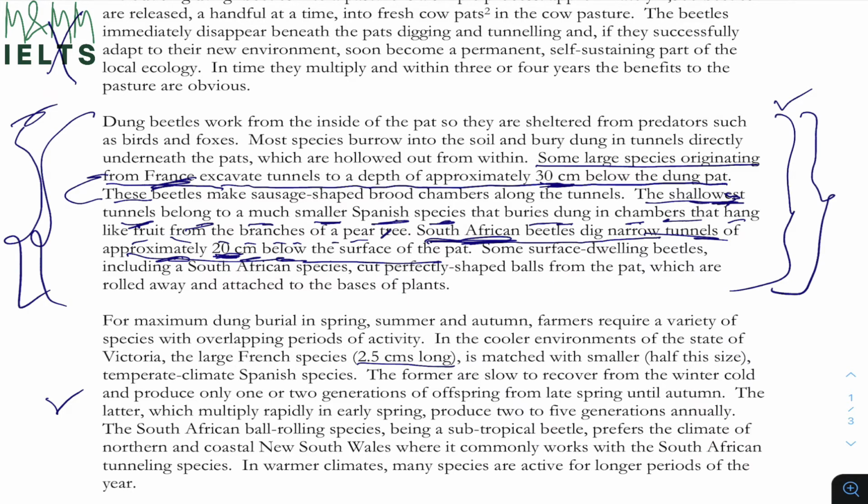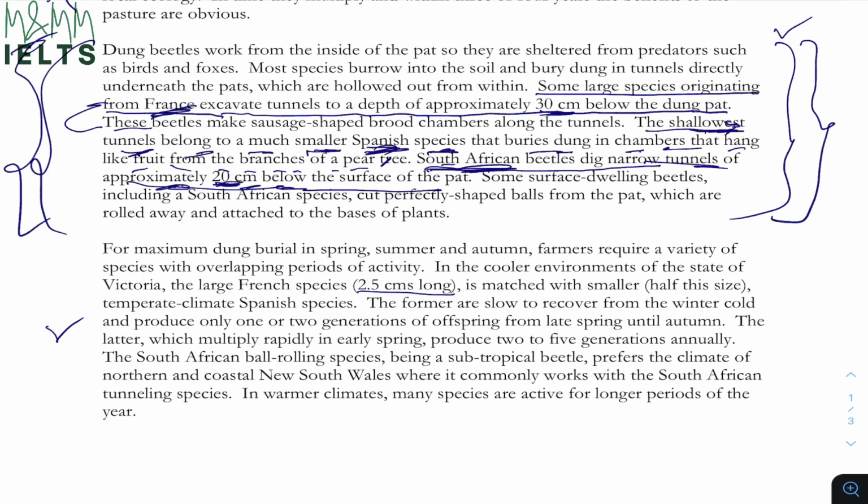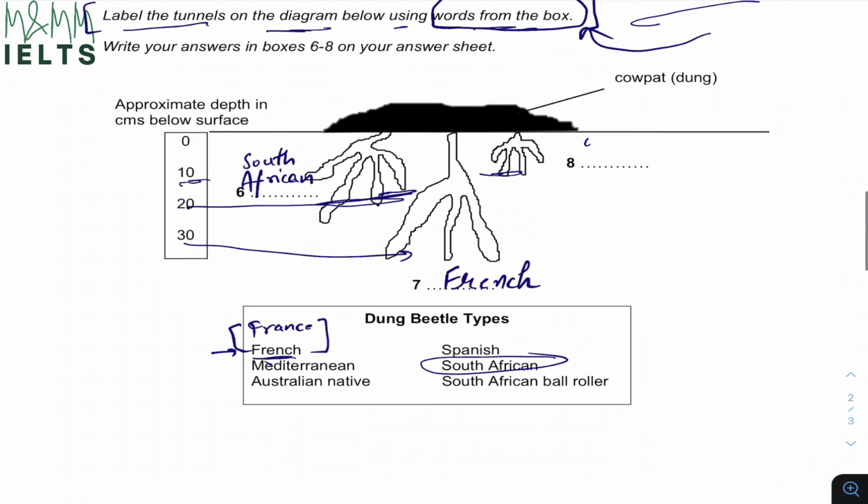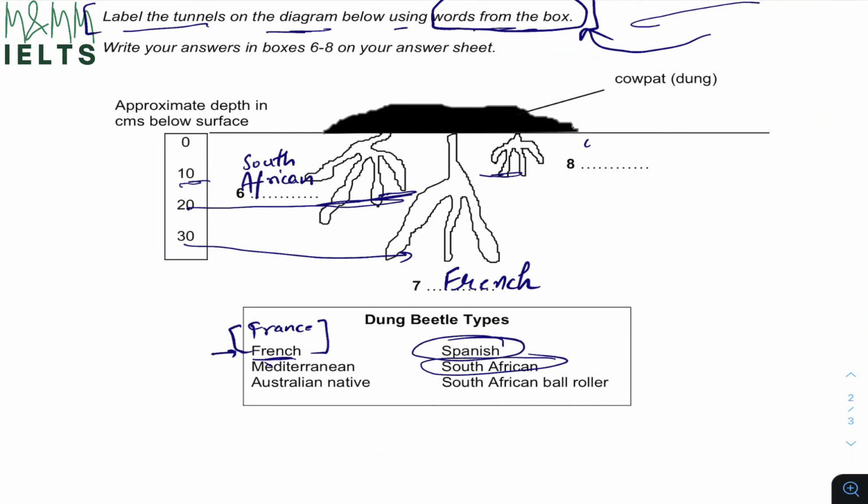So, although they did not mention about them being roughly 10 centimeters, I can still try to understand that the shallowest, the smallest ones, belong to a much smaller, as in smaller as compared to the other ones, Spanish species. So Spanish species, do we have the word Spanish over here? Voila. So we have got the word Spanish over here. So in this one, Spanish is going to be my correct answer.